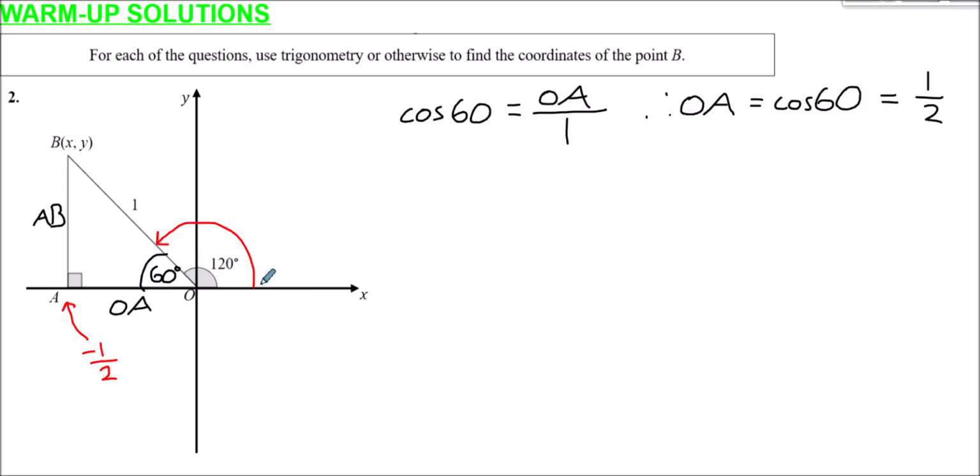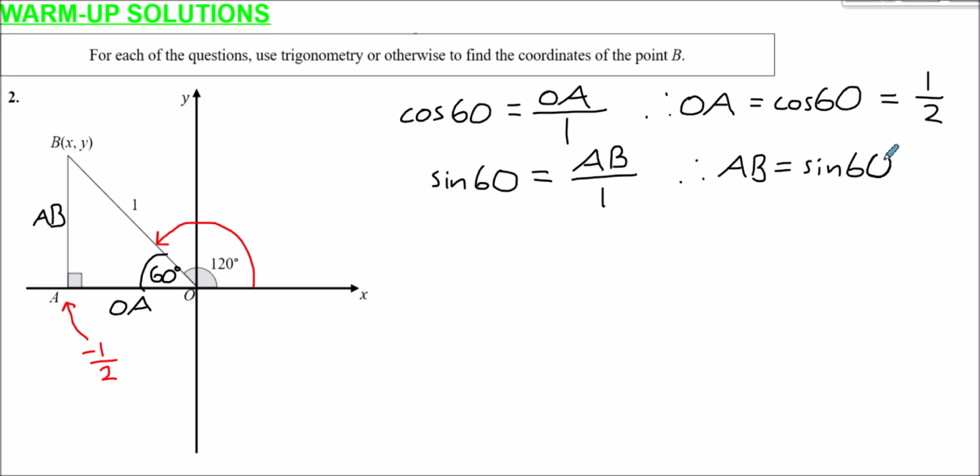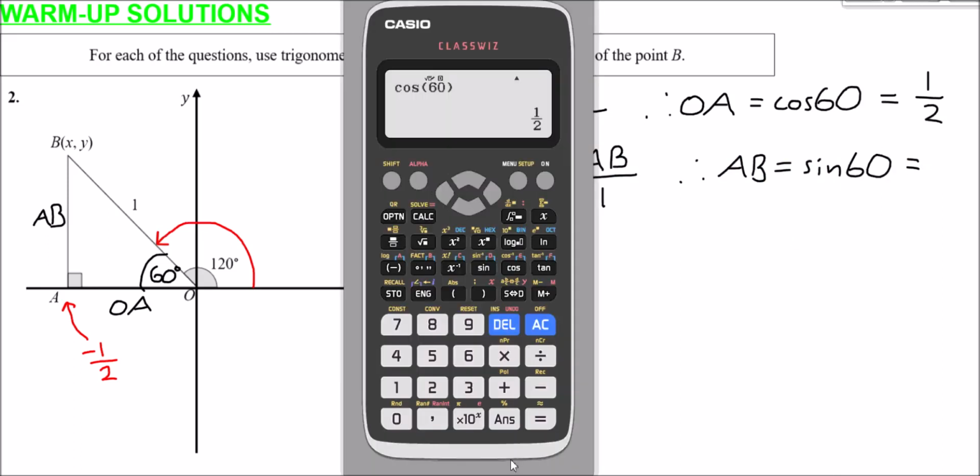portion of the x-axis. We can now work out AB by taking sine of 60. Sine of 60 is the opposite side, which is AB, divided by the hypotenuse, which once again is just 1. Therefore, AB will just be the sine of 60, which we can work out with a calculator once again.